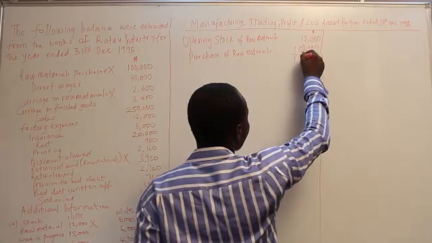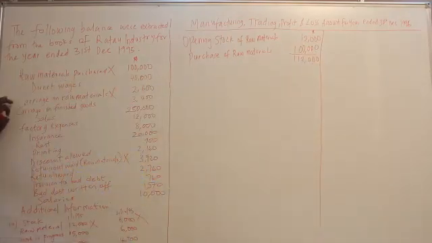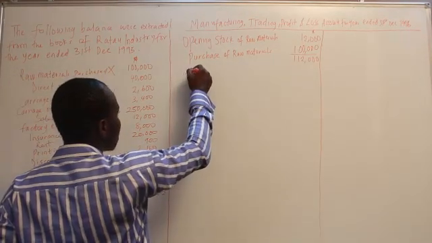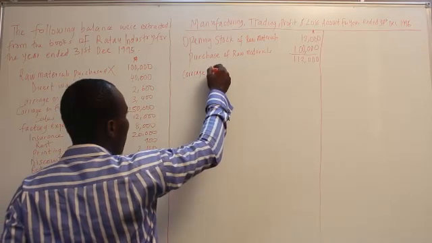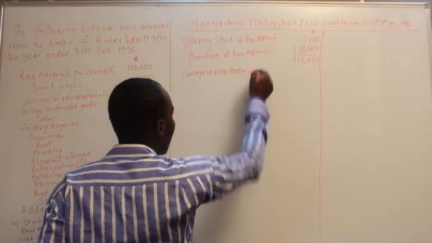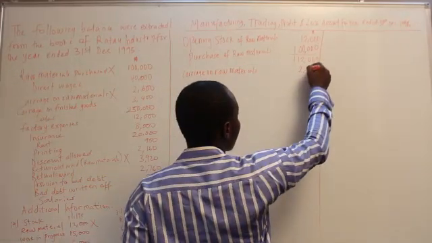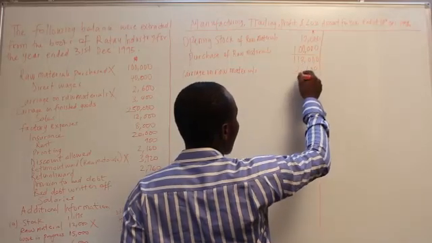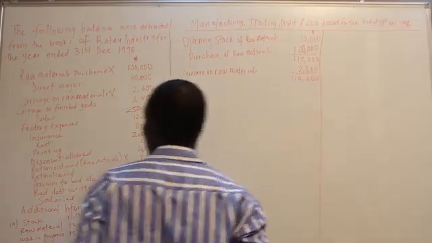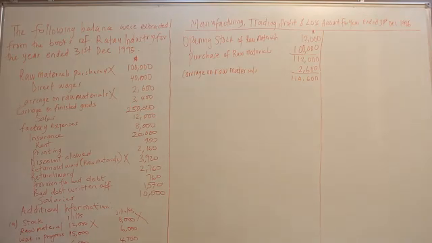So that will be 112,000. We also have carriage on raw materials, so we're going to add that, which is 2,600. So we have 114,600.